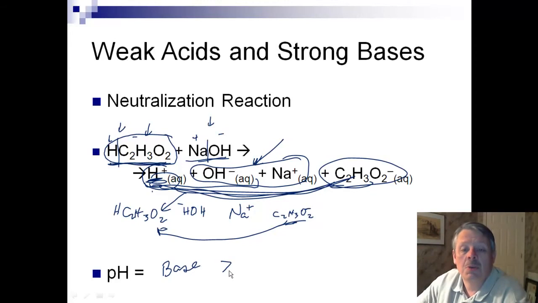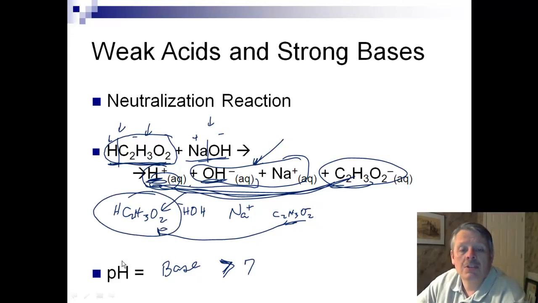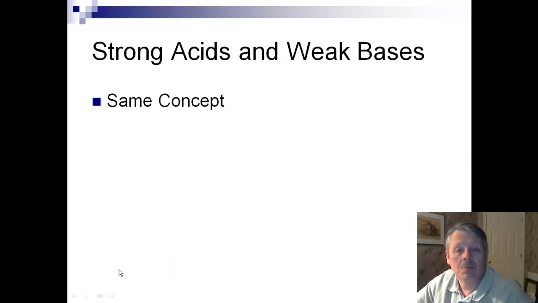All right, so your pH is going to be greater than 7. That's a greater than sign. pH is going to be bigger than 7 because you're going to have OH ions sitting in there that are not offset by the hydrogens because the hydrogens are spending all of their time back with the acetate ions. Okay, so that's kind of what's going on.